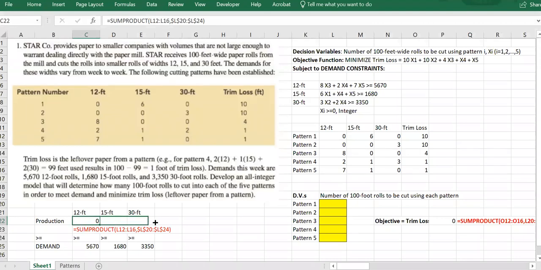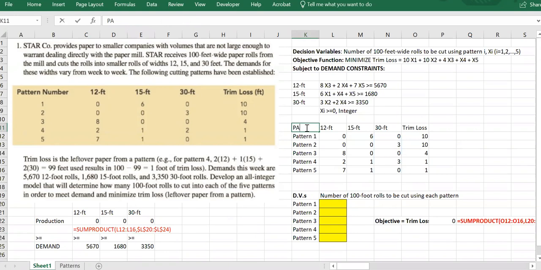So for 30 feet, it's the number of 30 foot rows in each pattern multiplied by the number of 100 foot rolls to be cut using each pattern. That has to be greater than or equal to 3350.